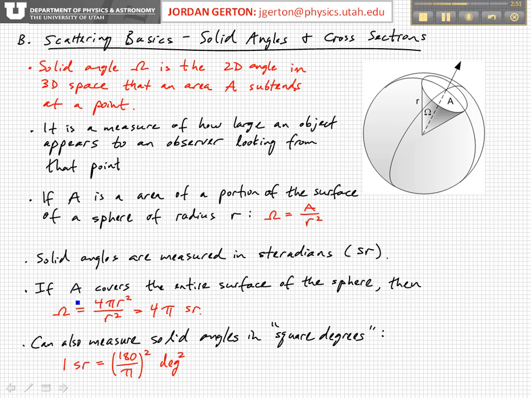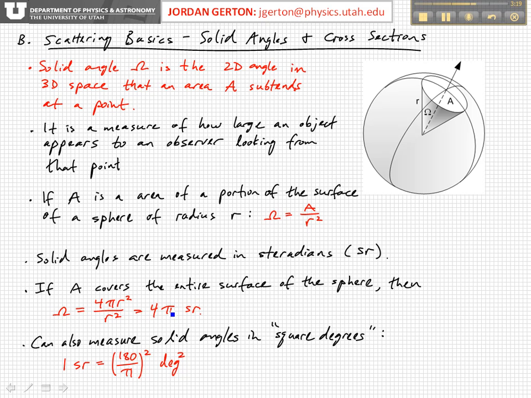We can figure out how big a steradian is by considering a sphere. If we consider the whole sphere, so this area A covers the entire sphere, so you're talking about the full solid angle, then omega is equal to 4 pi r squared, that's just the surface area of a sphere of radius r, divided by r squared, which is obviously equal to 4 pi steradians.